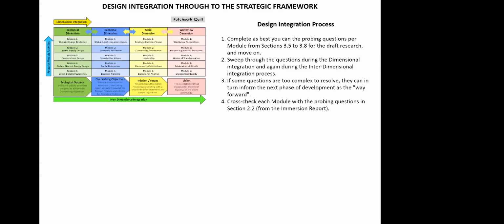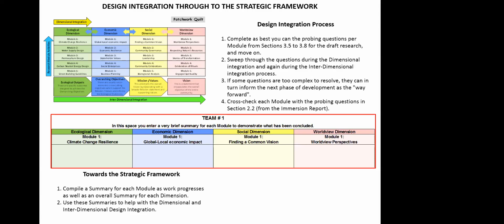Now, in order to get to do all this work, we found that one of the tools that facilitates this work is capturing the essence of each module. So here's a snapshot of a template which shows a team number and the ecological, all the dimensions here, and just module 1, climate change resilience for ecological.